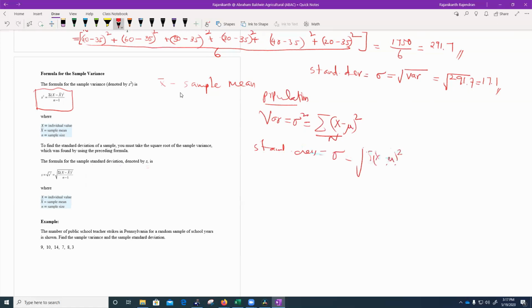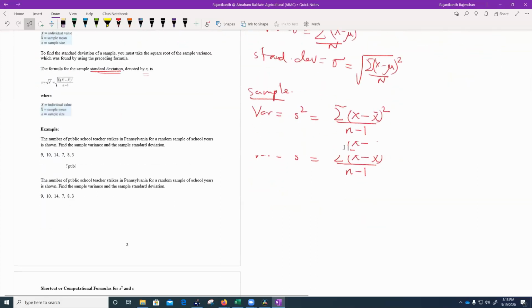But the sample variance is given by little s squared. That is the summation of the data value subtract x bar, the sample mean, then squared, divided by little n minus 1, the number of data values in your sample. Since you have the variance answer for the sample, the standard deviation for the sample is simply s, the square root of the variance.